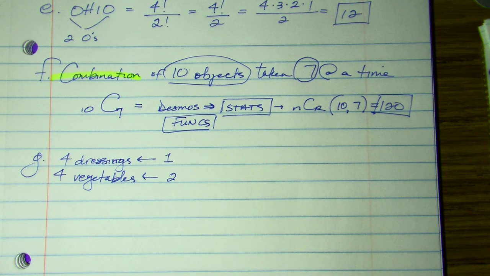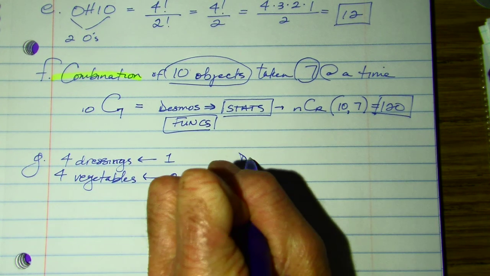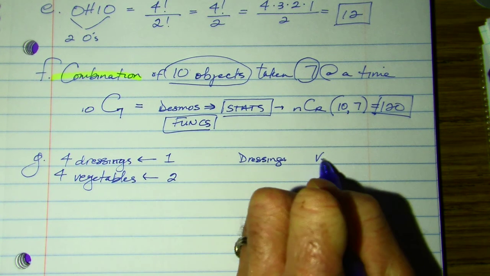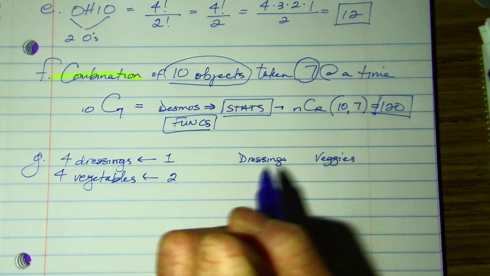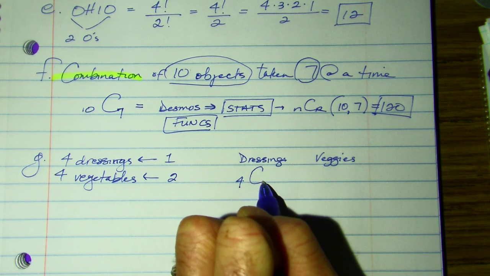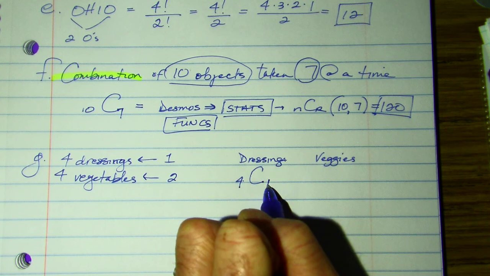So how many different combinations of a salad can I create? So I'm going to do a combination for dressings, and then I'm going to do a combination for veggies. So I have 4 dressings to choose, because it doesn't matter what order you pick, and they said I have to choose 1 of them.